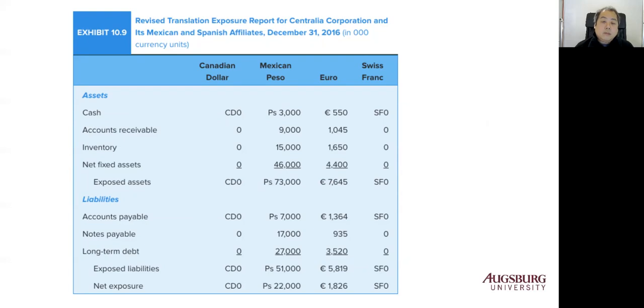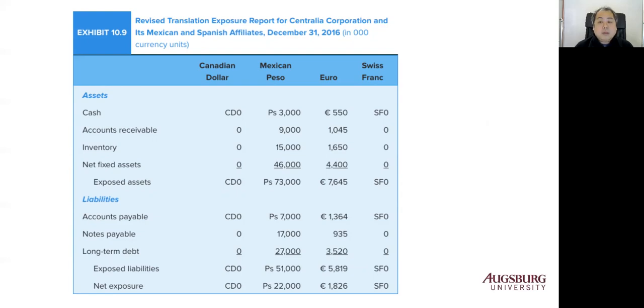So the parent company can convert Canadian dollars first, change them to US dollars, and then make a deposit. That's the first thing they can do.